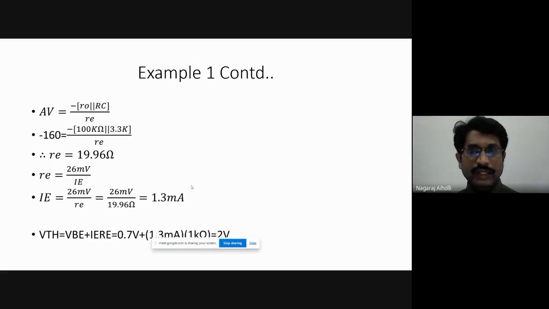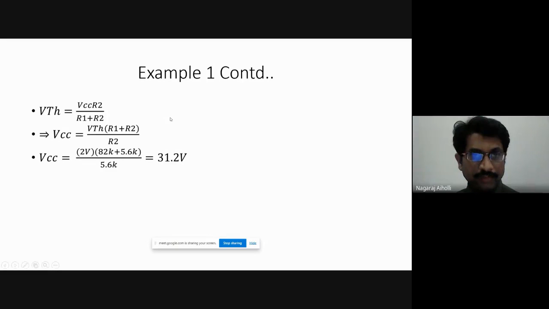According to the exact method, VTH is given by the formula VCC into R2 divided by R1 plus R2. This is the formula for the Thevenin voltage, not threshold voltage.